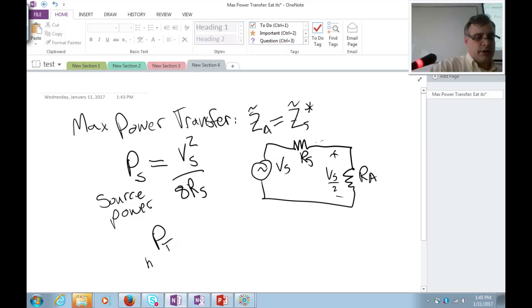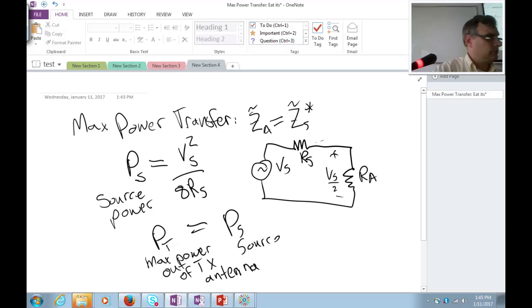Now, transmit power is the max power that can be radiated outside of the antenna. And we can relate these now by casting P_T in terms of P_S.